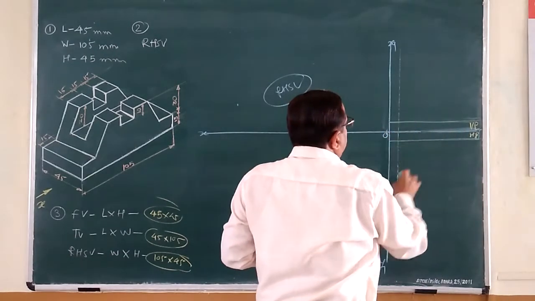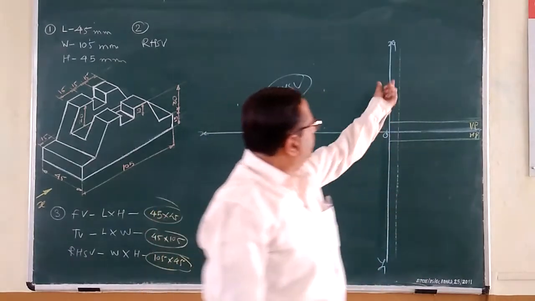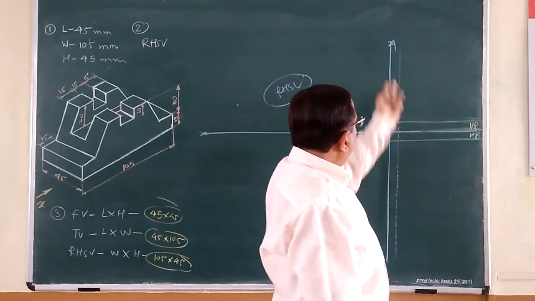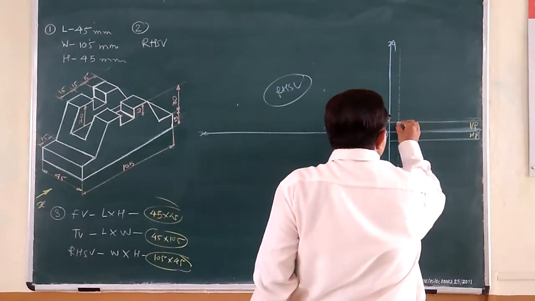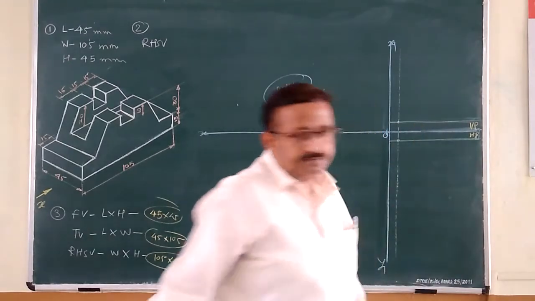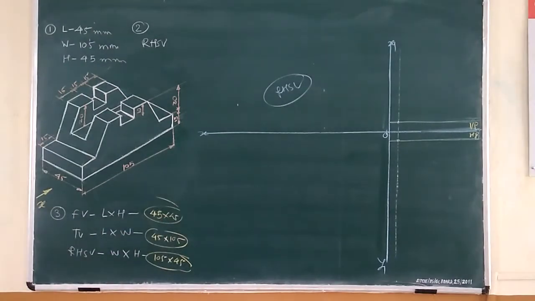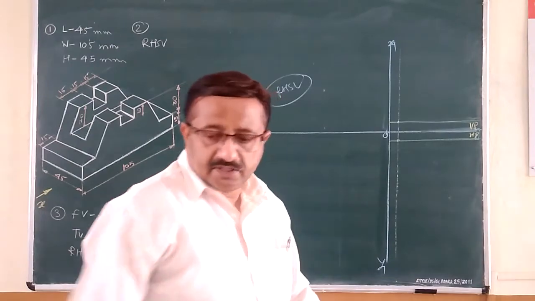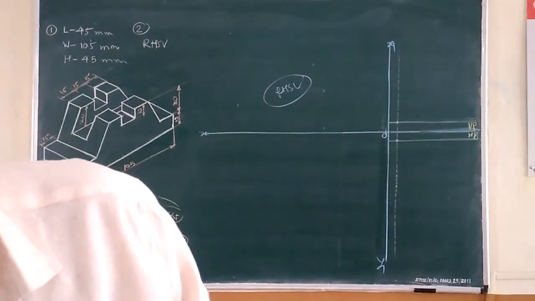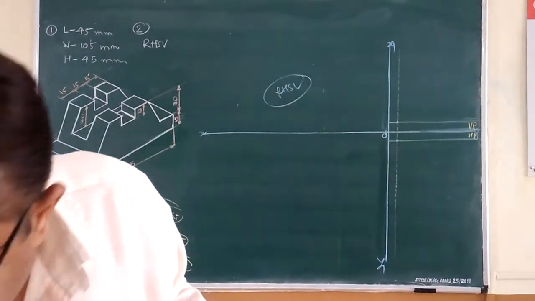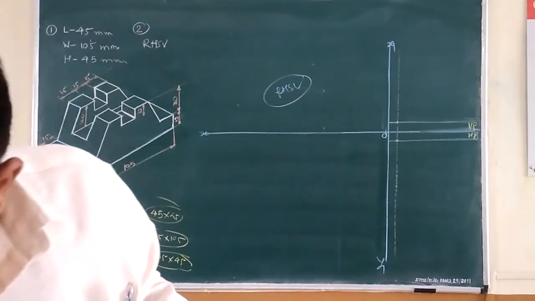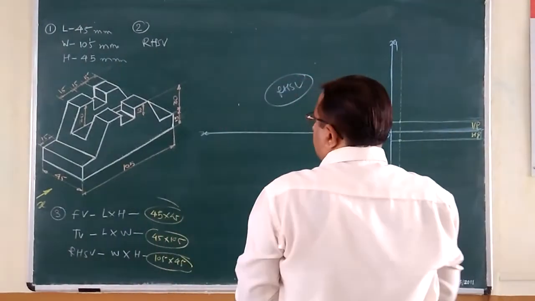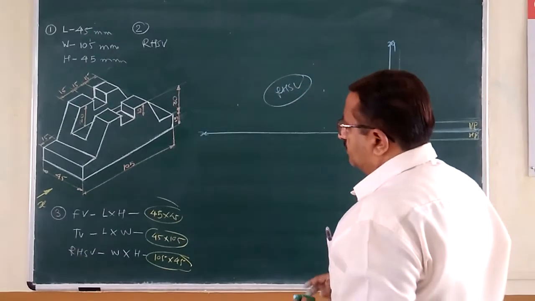Yes. Equispaced lines from HRL, we have 15, 15, 15 or 20, 20, about 20 below, like this. These are the starting points. Now just go on marking the areas. See. L by H length is how much? 45.